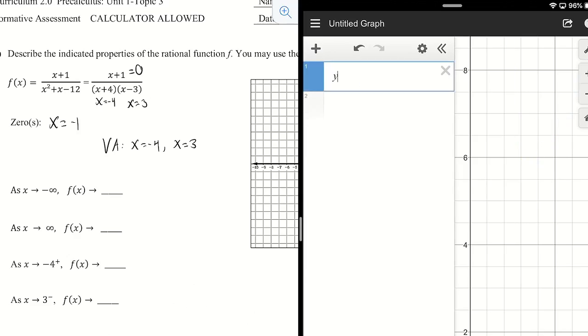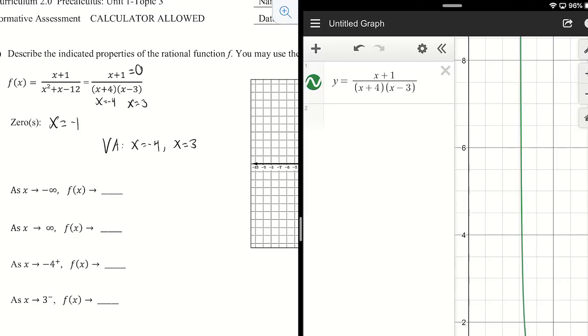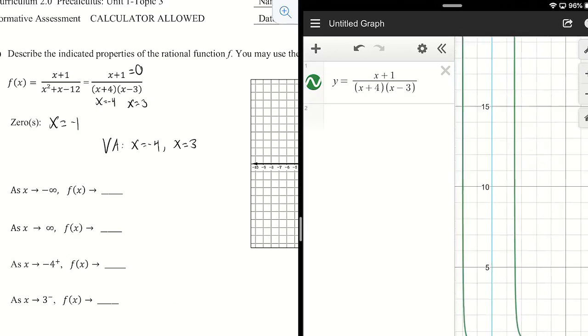So let's clear out the other one. Y equals (x plus 1) over, and you can do the reduced version, I'll do that, (x plus 4)(x minus 3). Okay, so we end up getting a graph that looks like this.